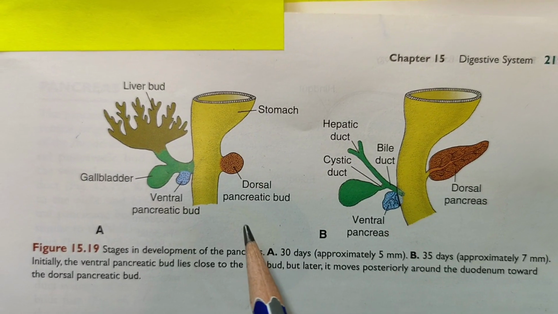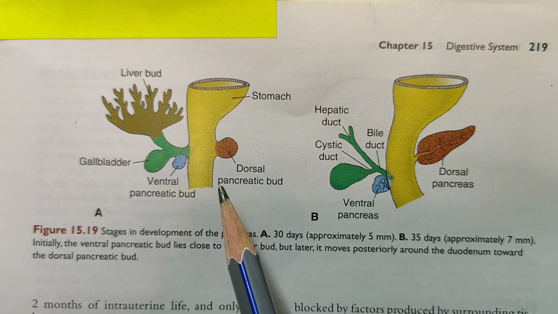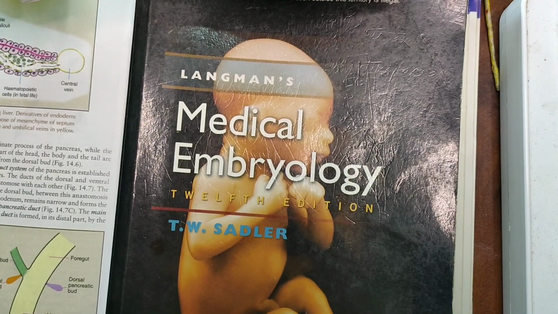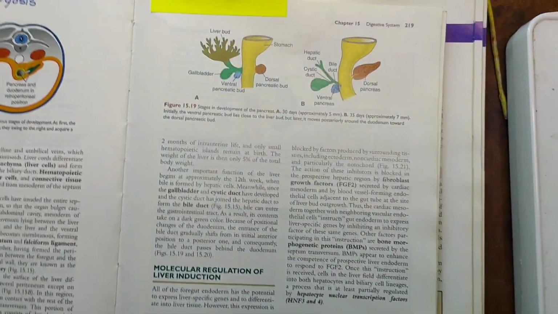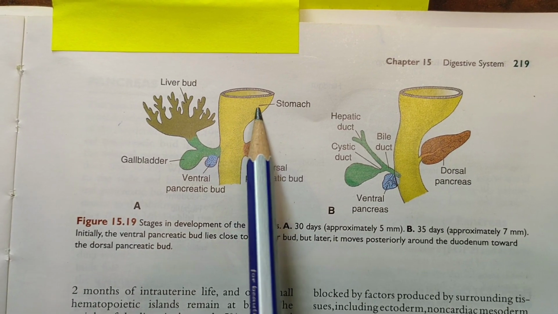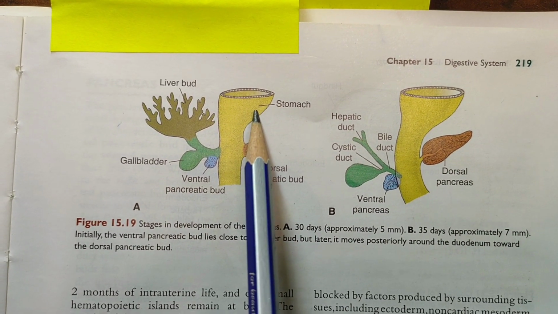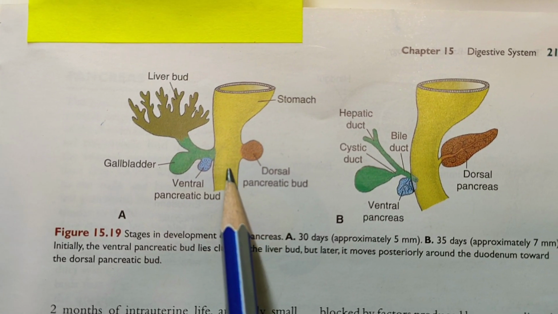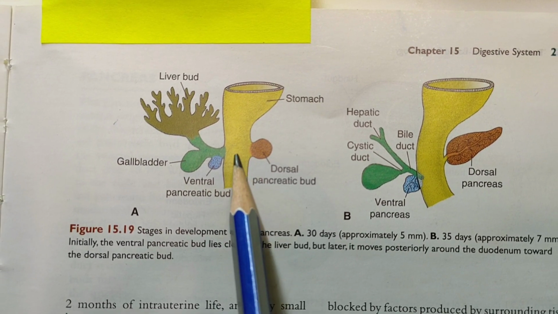So this is the diagram taken from Langman, 12th edition. This is the stomach. The stomach is developed from the foregut, and this is the duodenum, the second part of the duodenum.